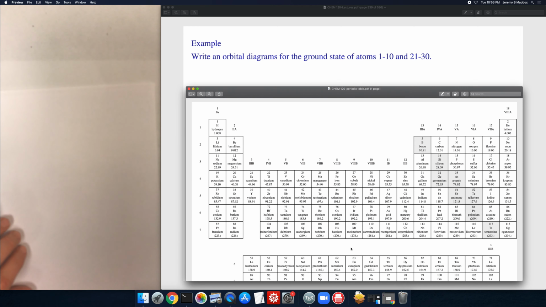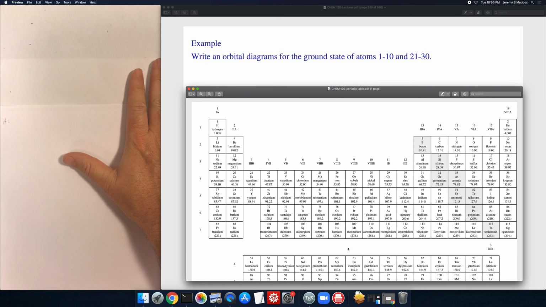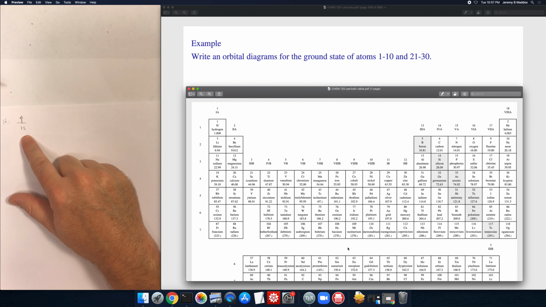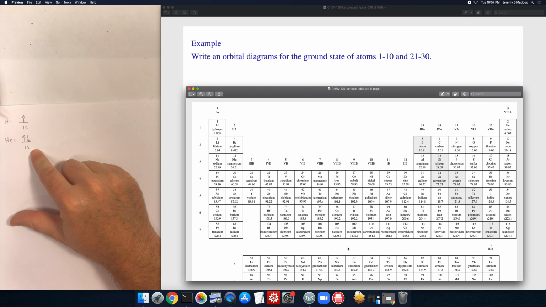Here's my periodic table. And so let's go back to our list of atoms. So hydrogen's pretty easy. Here you have the 1s orbital. It has one electron in it. The spin is unpaired, and so we would say that hydrogen is paramagnetic. For helium, one electron is spin up, the other one is spin down. Helium is diamagnetic.